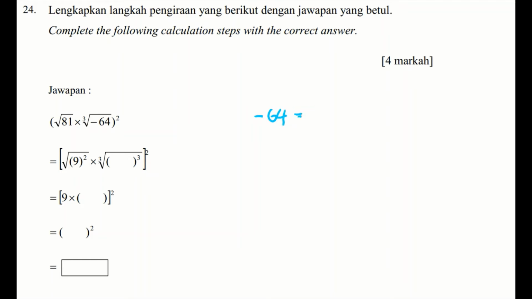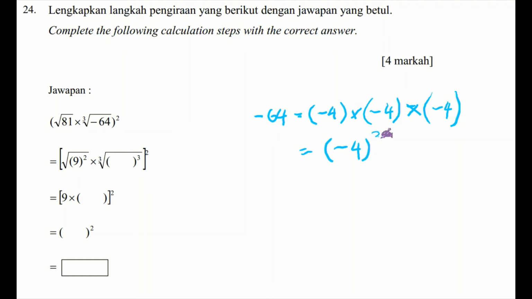How do you get this number? Negative 64 is equal to negative 4 multiplied by negative 4 multiplied by negative 4. So you can write negative 64 is equal to negative 4 to the power of 3, or negative 4 cubed.